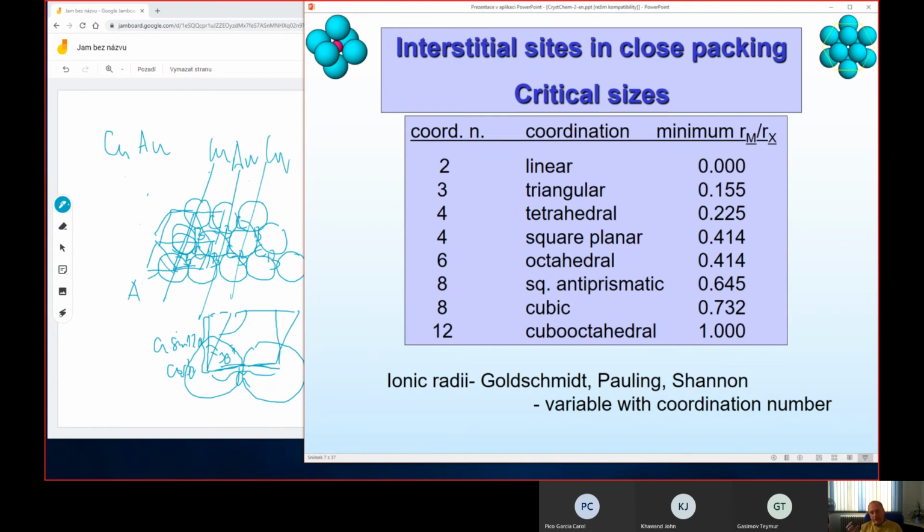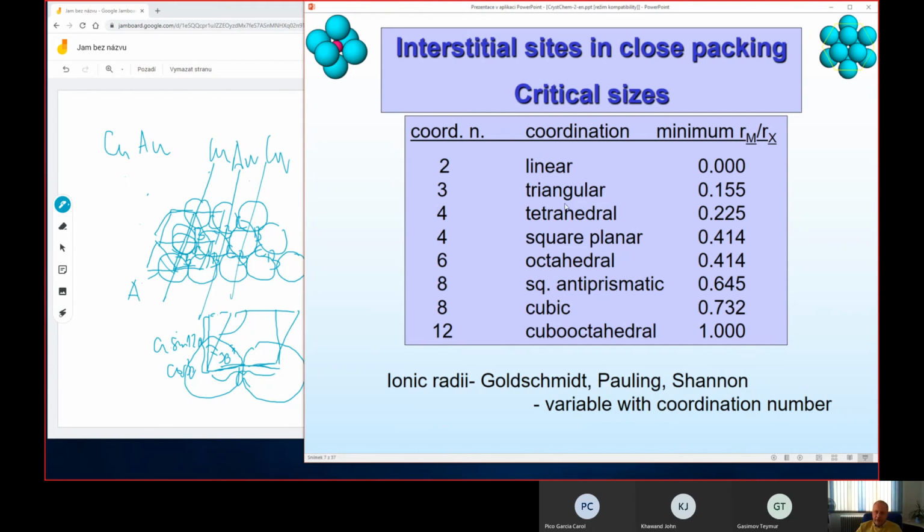That means the size of the individual atoms. And generally, a larger atom can be placed into a given interstitial site, I mean larger atoms than the optimum, the atom which perfectly matches this void or this hole.